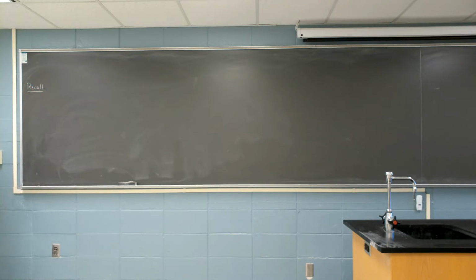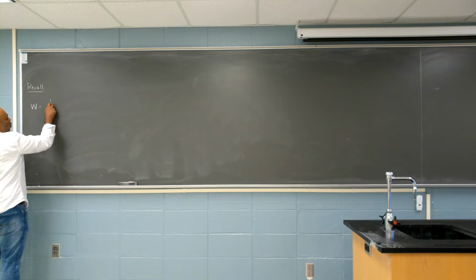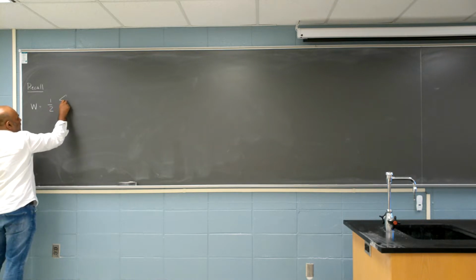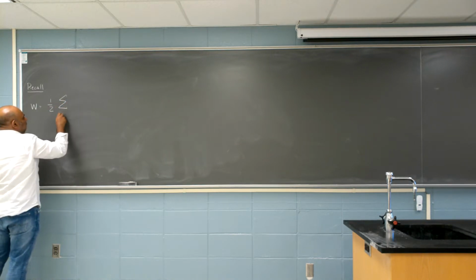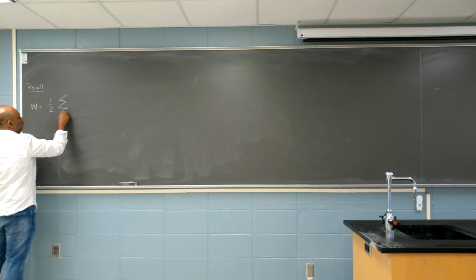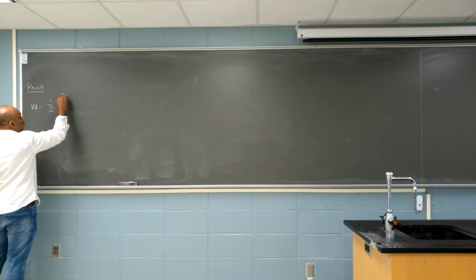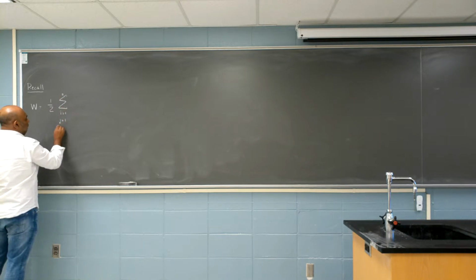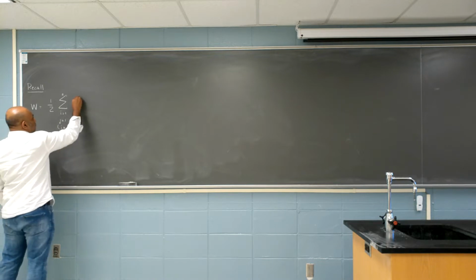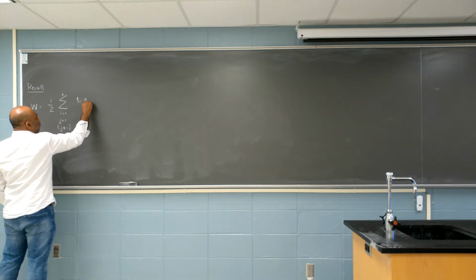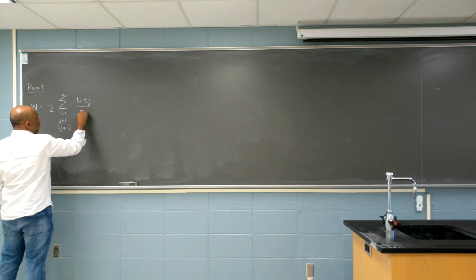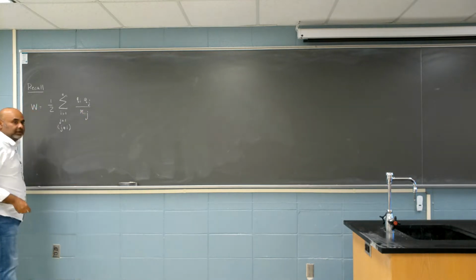And we had a couple of expressions. If you have isolated single charges, it was 1/2 sum, and please tell me if I'm right, i equals 1 to n, j is also equal to 1 to n, but there's a caveat, j not equal to i, Qi, Qj over Rij.